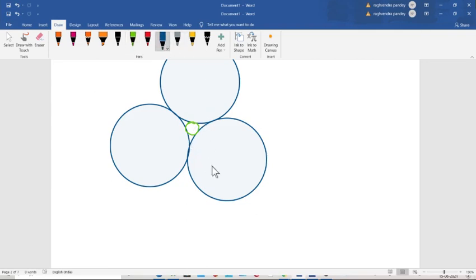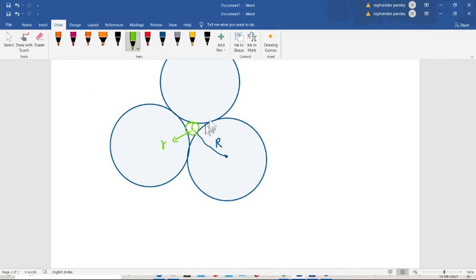Now this big sphere has a center point and the radius R. The smaller sphere's midpoint is here, and its radius I am writing as small r.